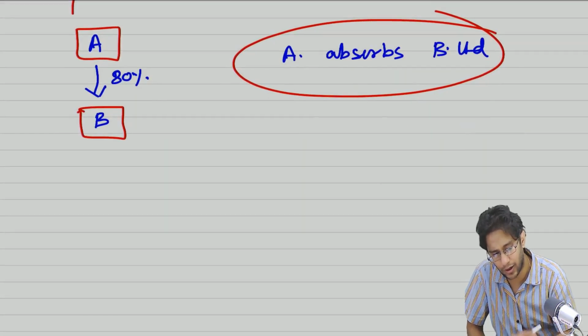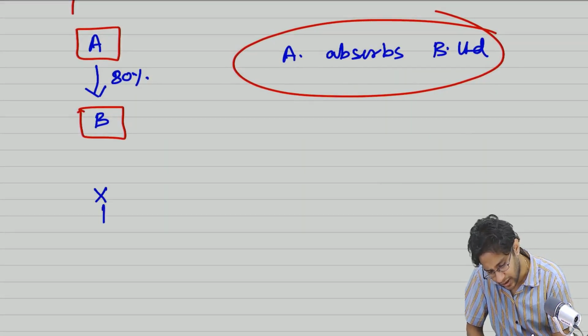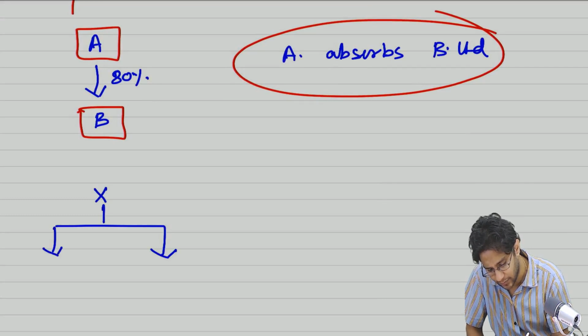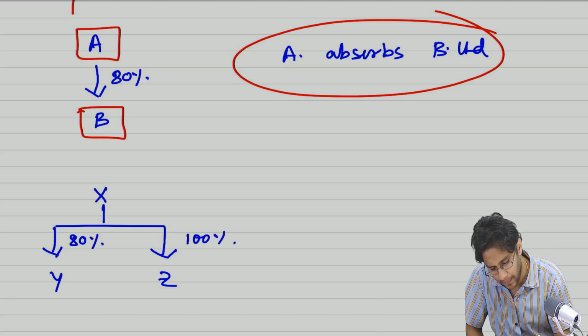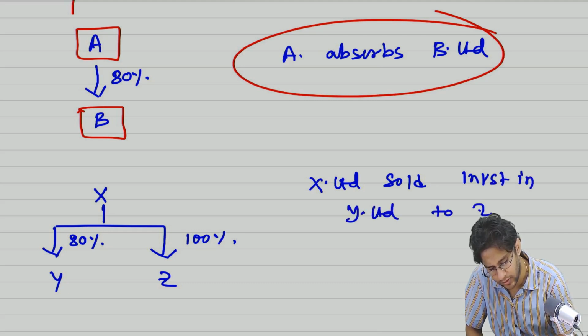In this, so many other models are also there. X is having two subsidiaries, Y and Z. Now I will tell you that X Limited sold its investment in Y Limited to Z Limited.